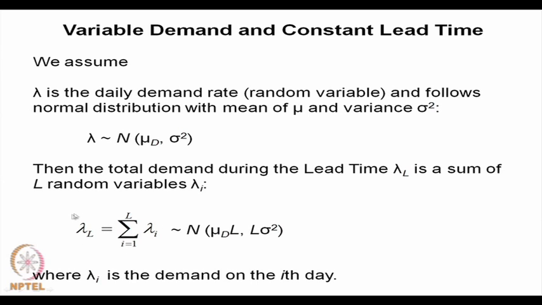We are trying to define the sum of L number of random variables lambda i. So, means are added and variances are also added. Therefore, lambda L follows normal distribution with mean mu d into L and variance L into sigma square, where lambda i is the demand on the ith day.